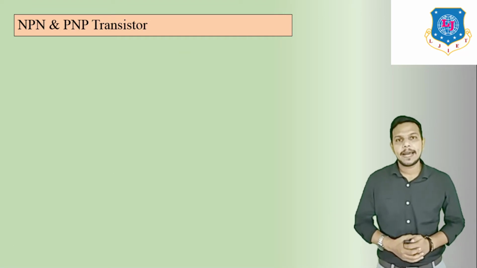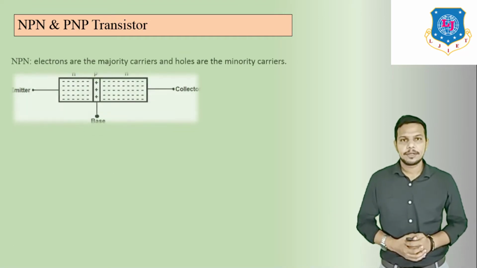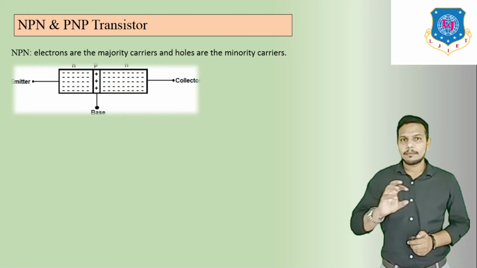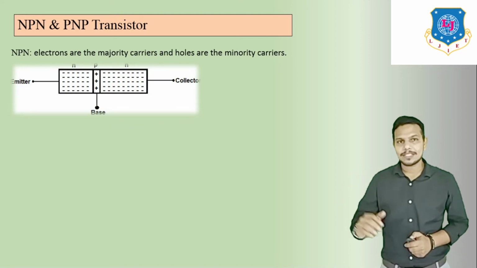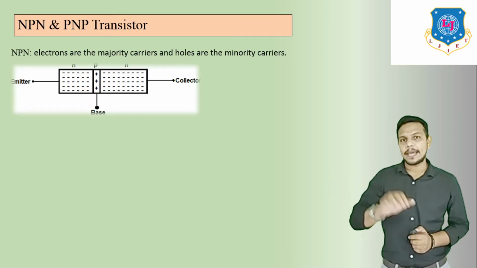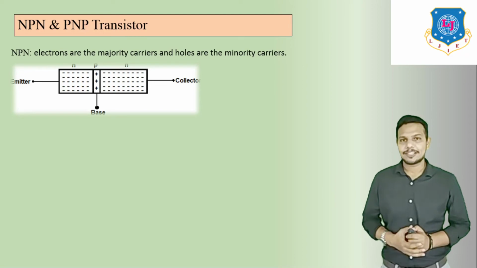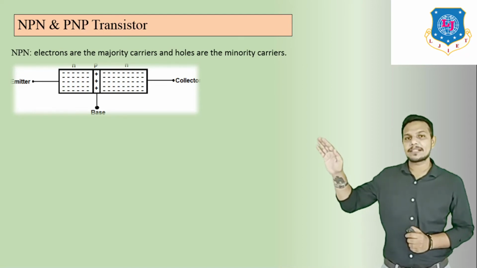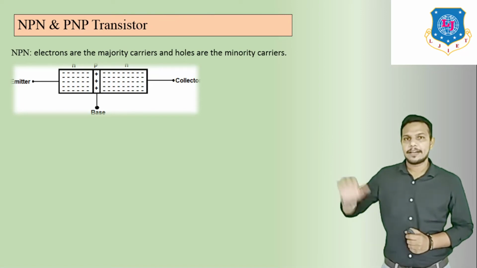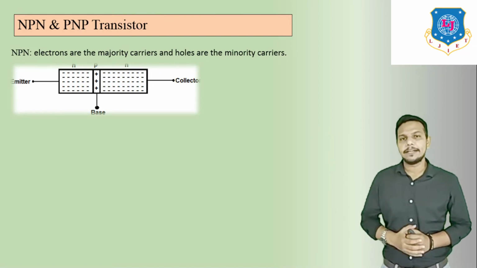Now NPN and PNP transistor. Here we can see electrons are majority carrier charges and holes are minority carrier charges, right? So in NPN, the majority carrier charges are electrons. Here the minus sign indicates electrons and the plus sign indicates holes.